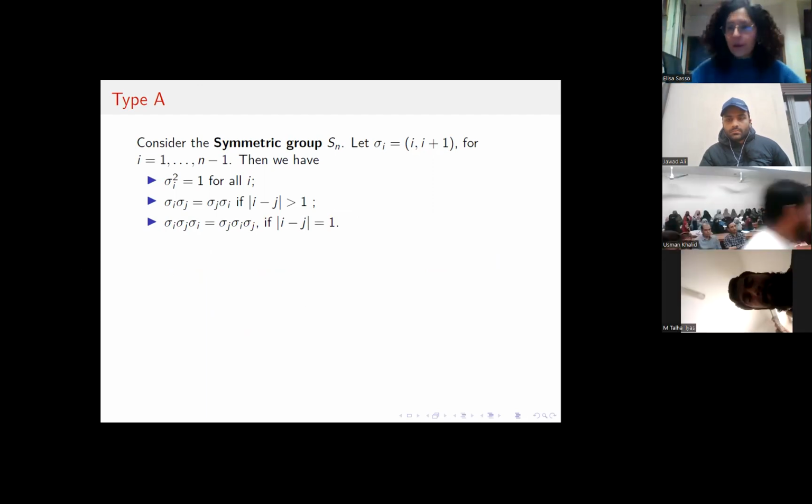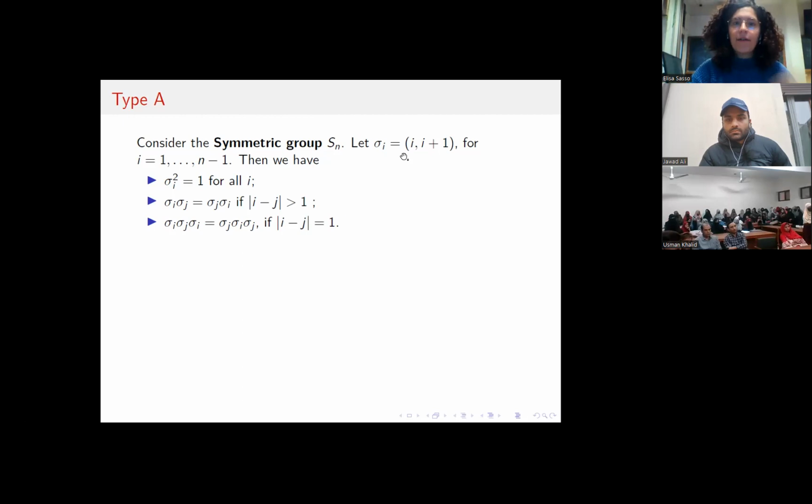If you do the computations, you can see that every simple transposition to the square is the identity. You can see that two transpositions commute if they don't have numbers in common, and that the two transpositions follow this third relation if they have one number in common.